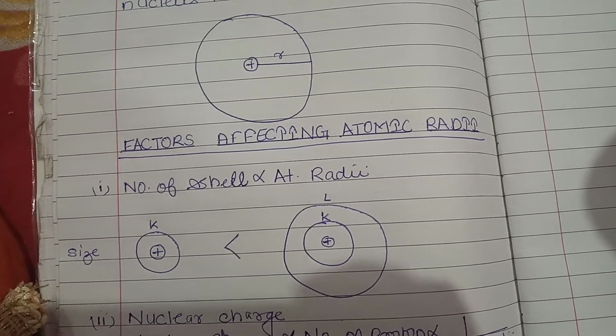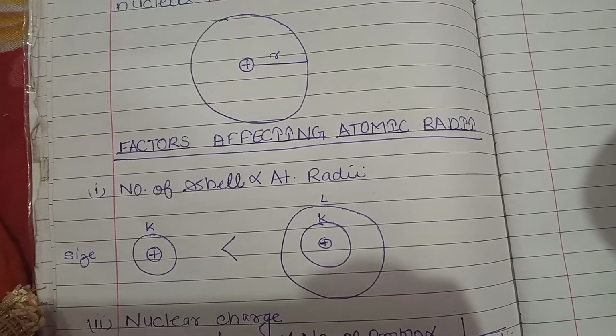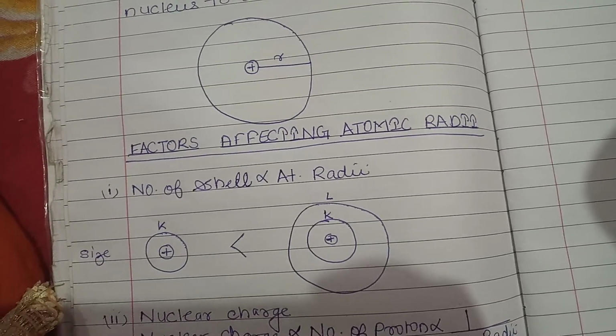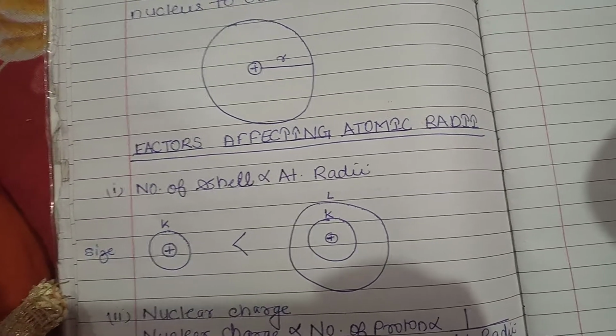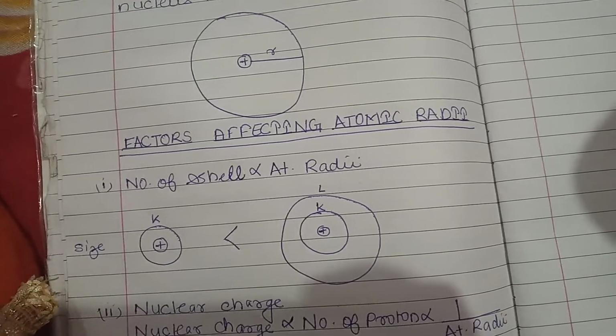So, if I stated that the distance from nucleus to the K shell is 5 centimeter, that is in the first atom's case, so the distance from nucleus till L shell will be greater than that of 5 centimeter. It is an understood fact.